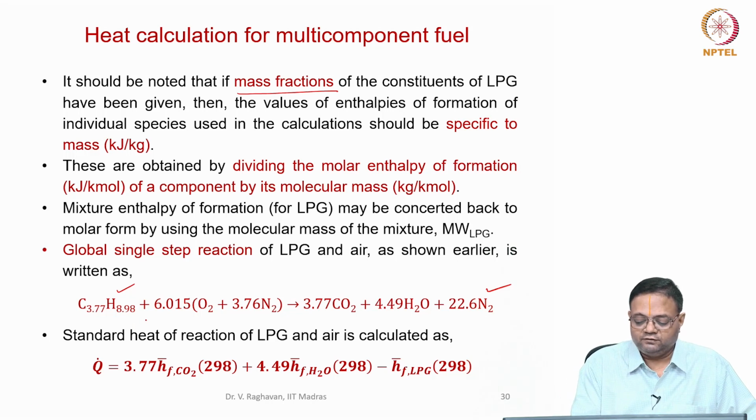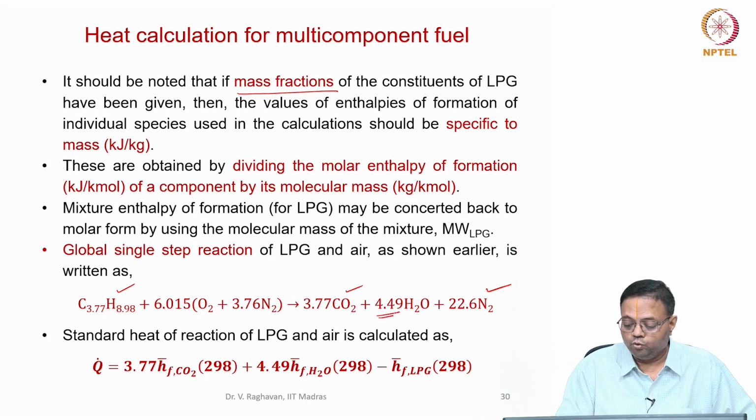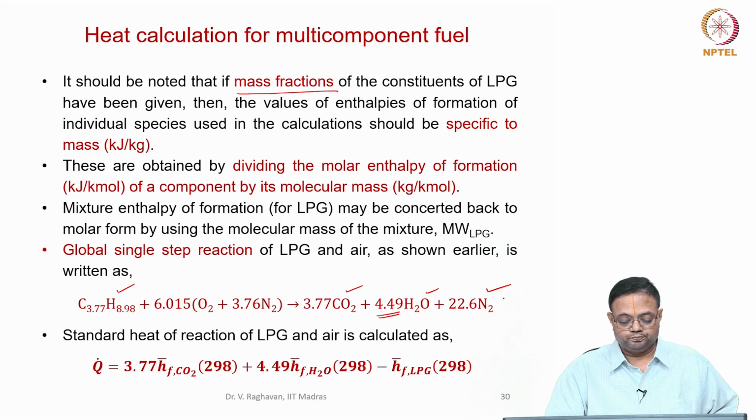Plus, for this, when it is burning completely, 3.77 kilomoles of CO2 will be produced, 8.98 by 2, that is 4.49 kilomoles of H2O will be got, and this is stoichiometric, so all the oxygen is consumed and nitrogen is kept inert.